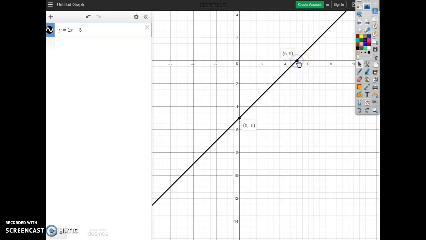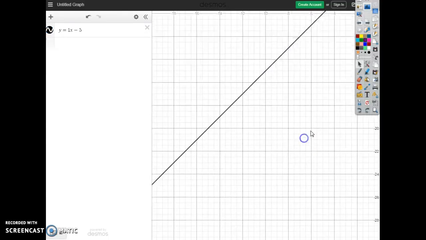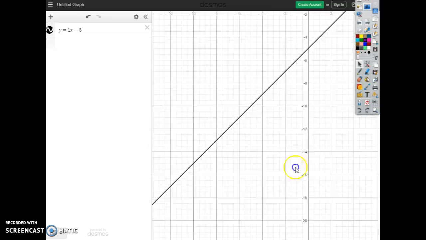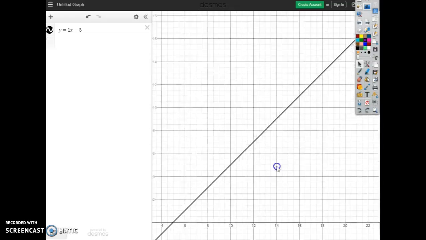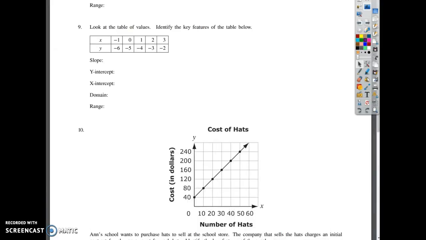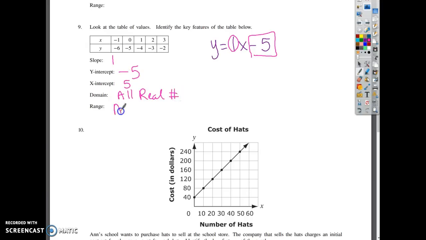The x-intercept is at positive 5. What's the domain? All real numbers. What's the range? All real numbers. This line is never going to stop. It's going to go to the left forever, to the right forever. It's going to go to the bottom forever and to the top forever. So right here, the x-intercept is 5. The domain is all real numbers. And the range is all real numbers.